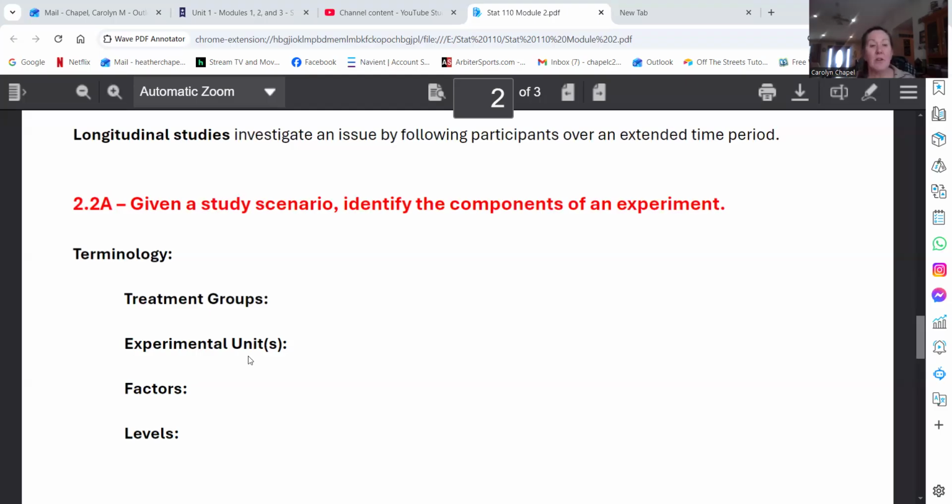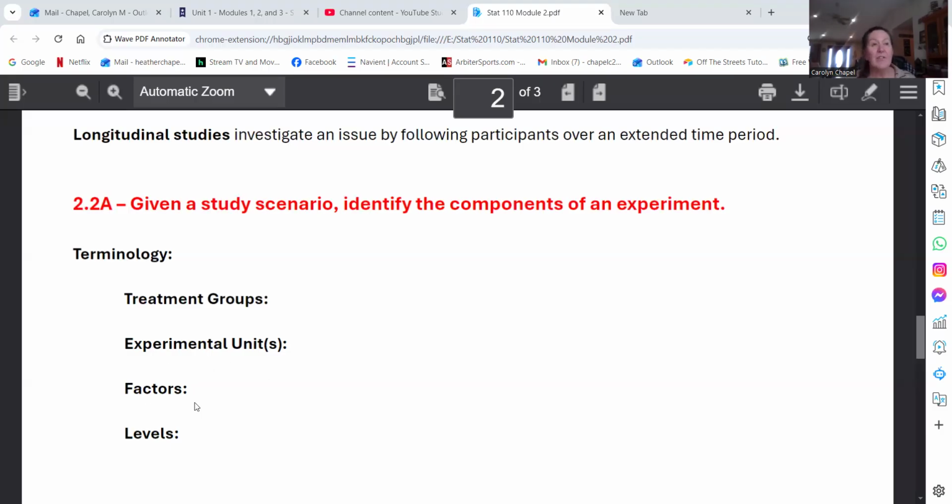The experimental unit is the individual thing that we're experimenting with. So in those cases, I was giving the individual person that is in that group. So the person actually getting the medication, or the person actually doing the exercise in the morning or the afternoon, or not doing the morning.